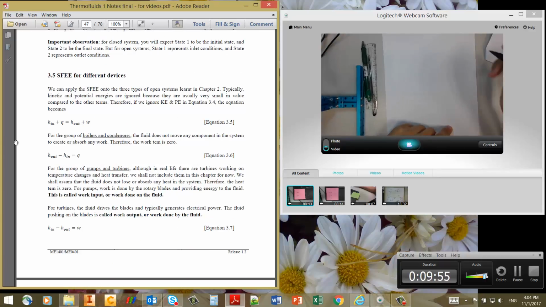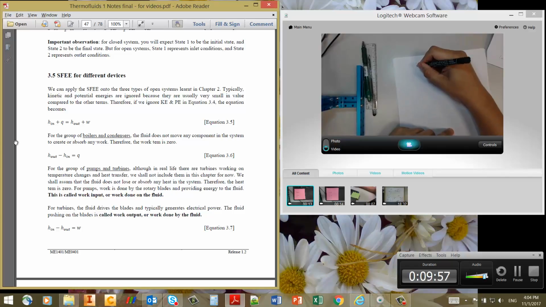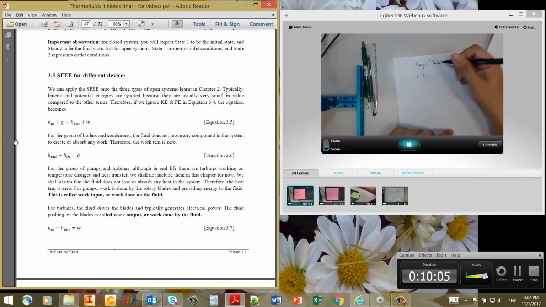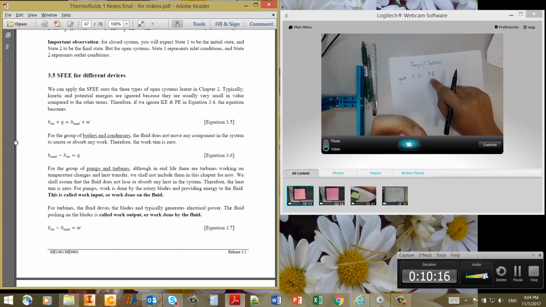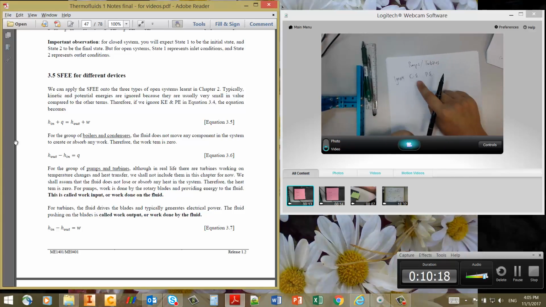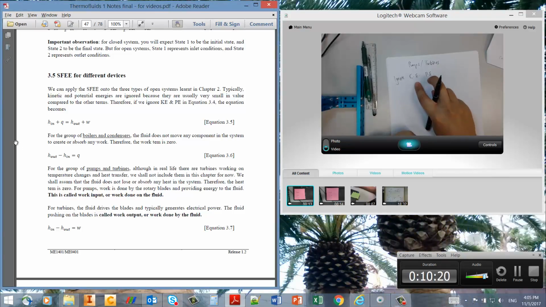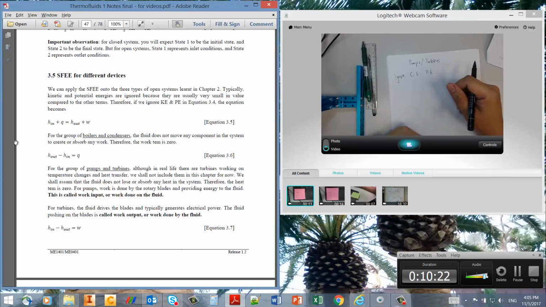Let's say for pumps and turbines, we can ignore the kinetic energy and potential energy. It doesn't mean that there isn't any. There are still KE and PE, but the changes between the inlet and outlet of the KE and PE are not as significant as the other terms.